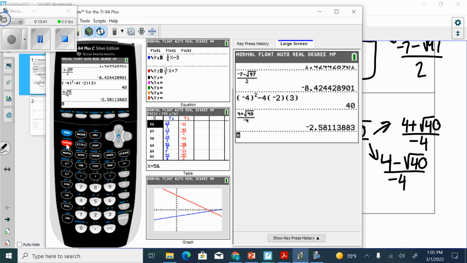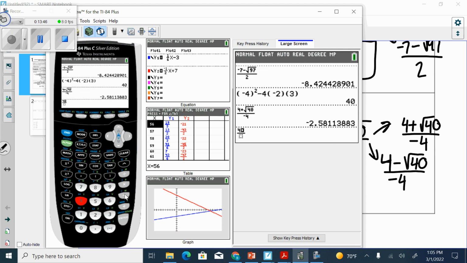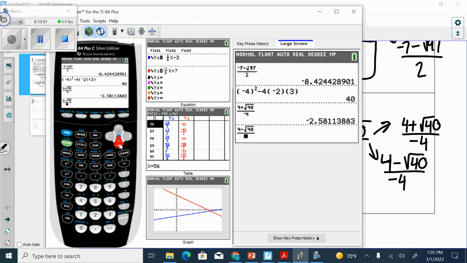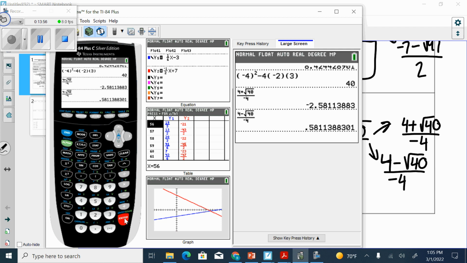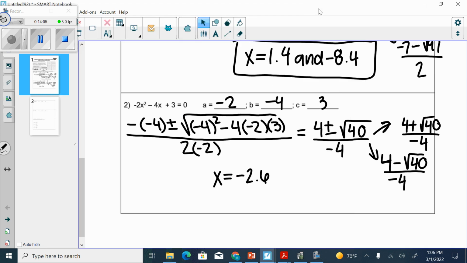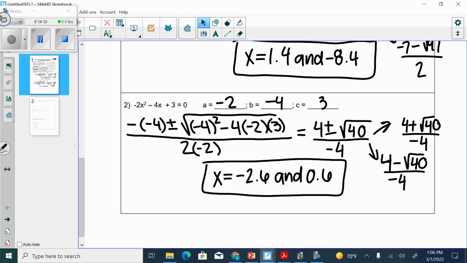So alpha y equals enter for minus the square root of 40 all over -4. We get 0.5811, so on. Okay, so again, if we're just going 1 decimal place, that's going to round to 0.6. And 0.6. All right.